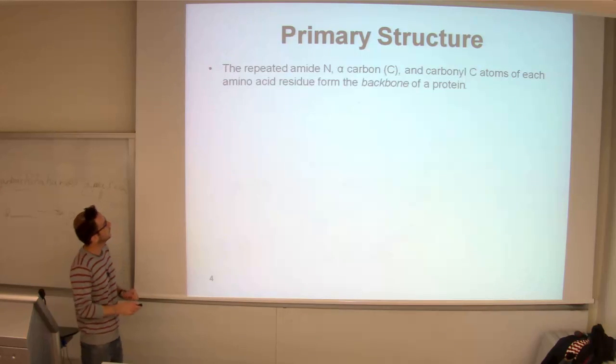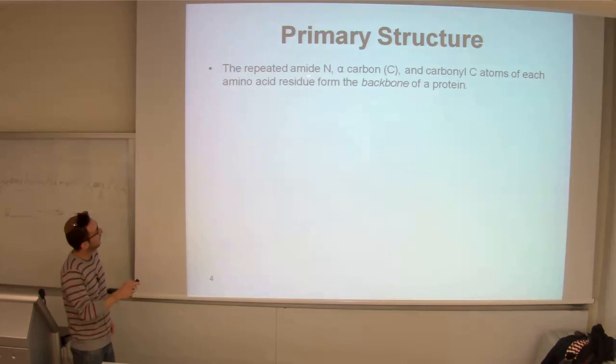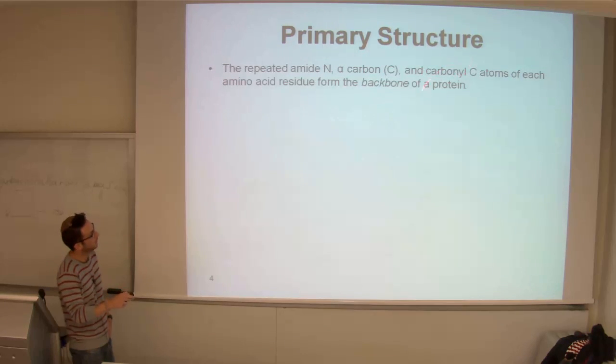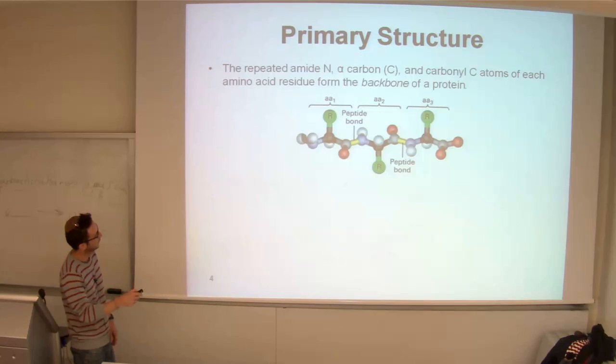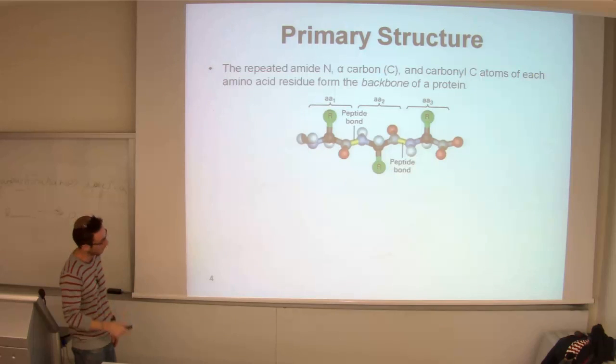Okay, so the primary structure is repeated. Before that, let's go back to the definition of the backbone of the protein, which is composed of the amide, carbon alpha, the central carbon, carbon, this sequence of atoms that sit right here, which are the backbone of the protein.